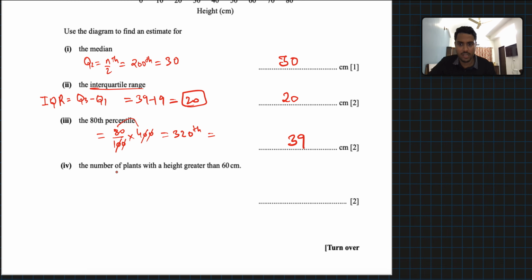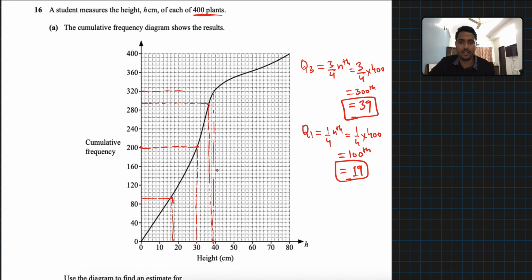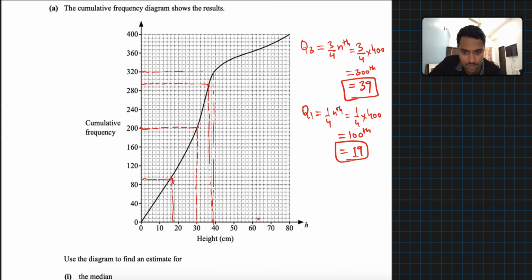Now the last one, it says the number of plants with the height greater than 60. Height greater than 60. So height of the plants is on the x-axis. So from 60 you go over here, and then you mark over here. It is not exactly on this line.